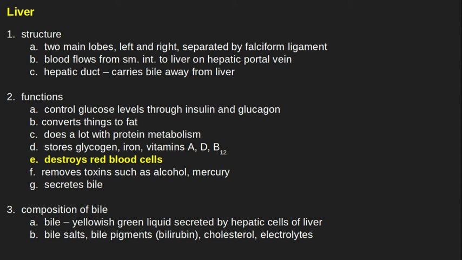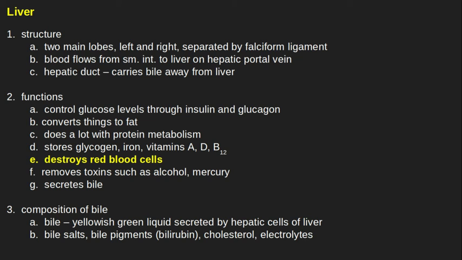The functions: it controls our glucose levels through insulin and glucagon, converts things to fat, and does a lot with helping us metabolize protein. It stores glycogen, iron, and vitamins A, D, and B12. It destroys red blood cells, removes toxins in your body, and secretes bile.